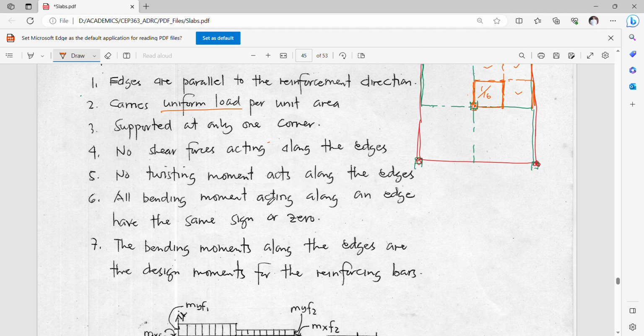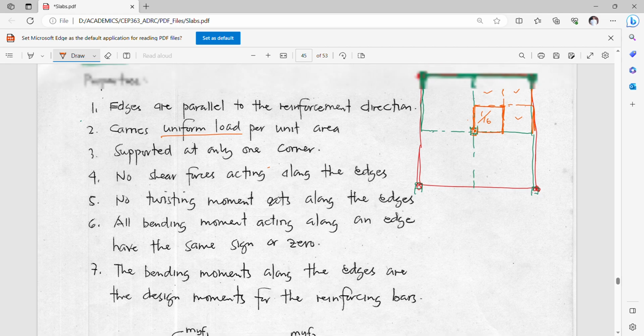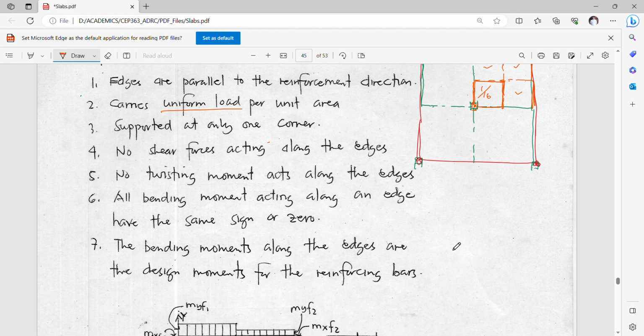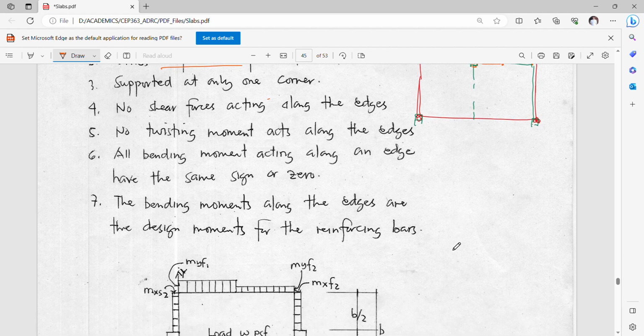All bending moments acting along an edge have the same sign, or can be zero. And the bending moments along the edges are the same moments for the reinforcing bar. These are basically the constraints we need to consider to apply this procedure as part of our investigation or analysis.